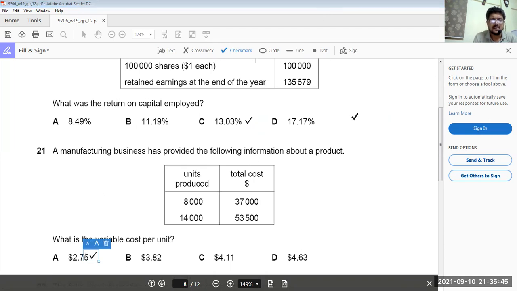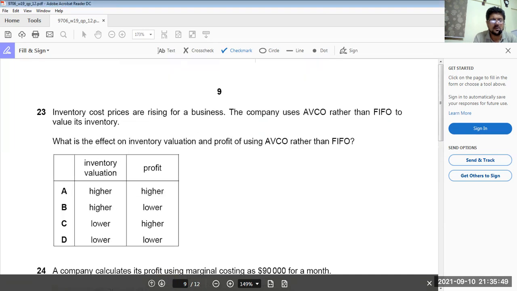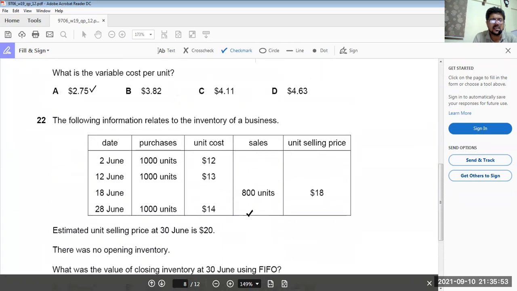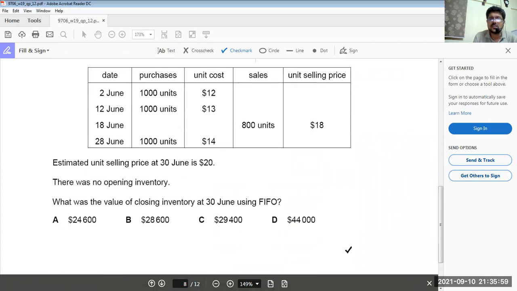Okay. Now come to 22. Where is 22? It must be somewhere here. The following information relates to inventory of a business. What was the closing inventory using FIFO? When you are selling these 800 units, you will sell from this one, according to FIFO.